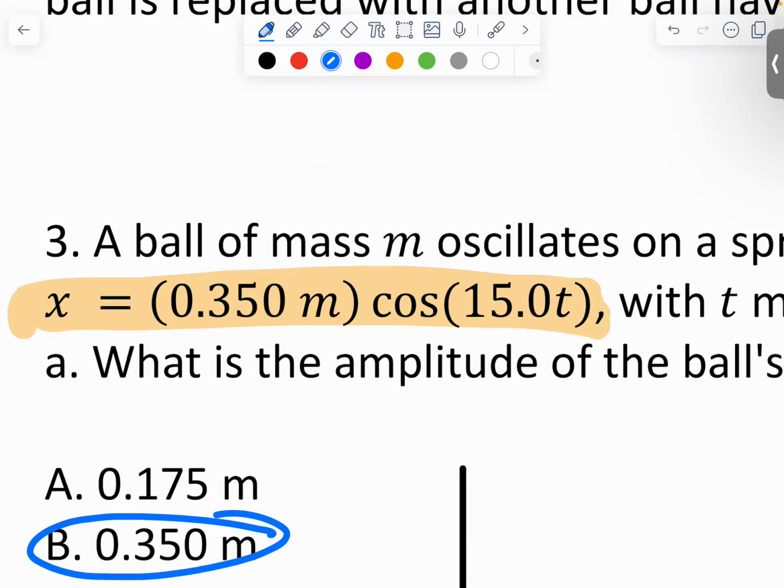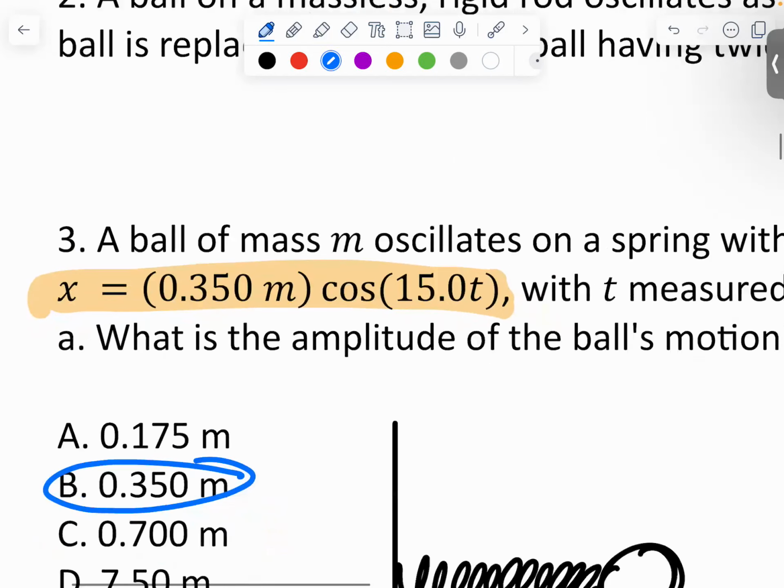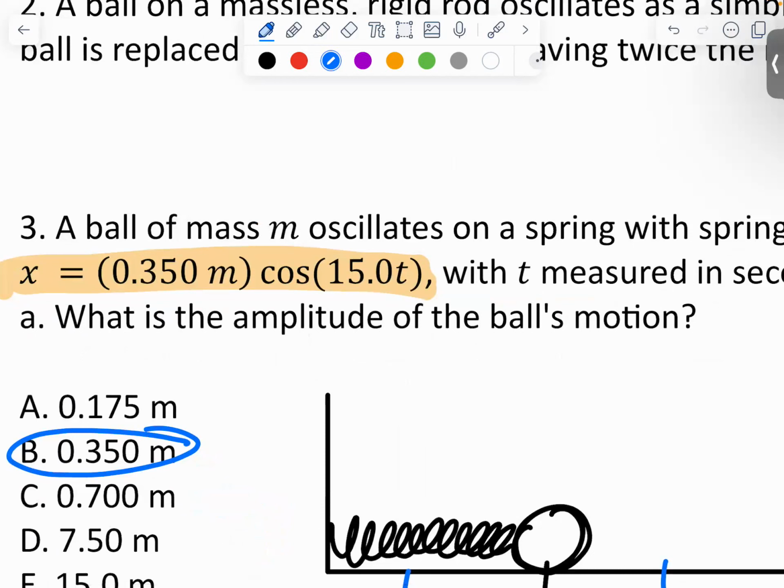The number in front of t, which we call the B value. What do we use the B for? What do we tell using the B value? The 15. Which we call it what?